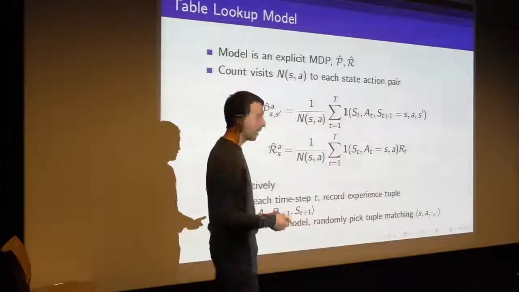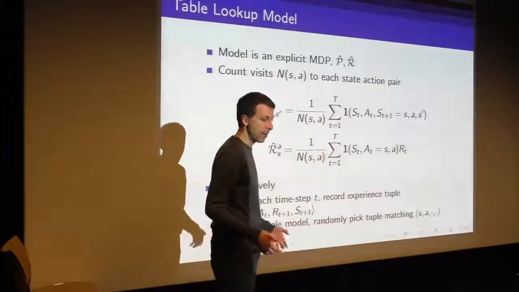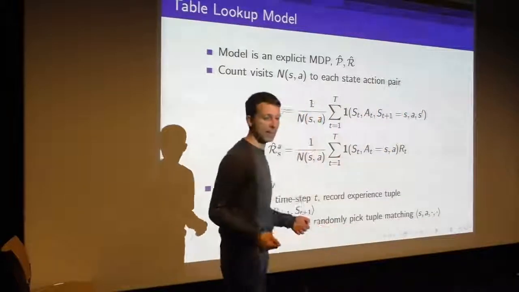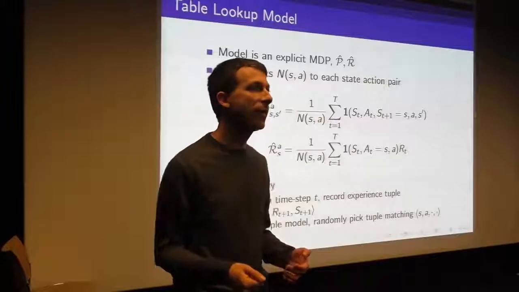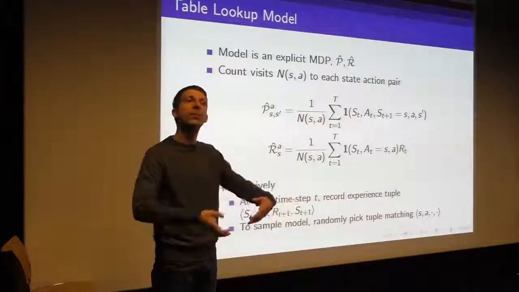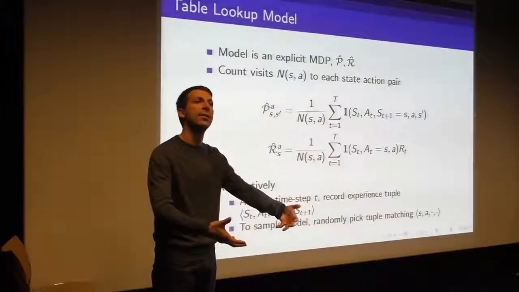I count how many times from here I ended up over here 10 times, and I ended up over here 5 times, and now I just use those empirical counts to give me a probability distribution over where I'll go next.